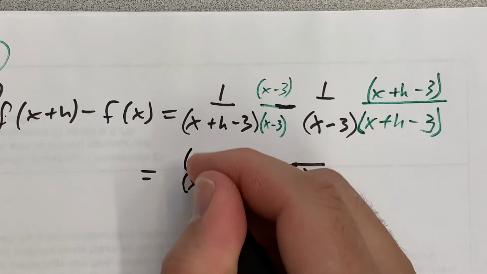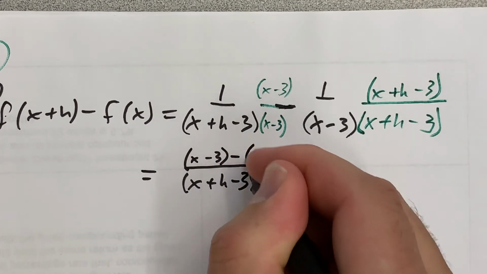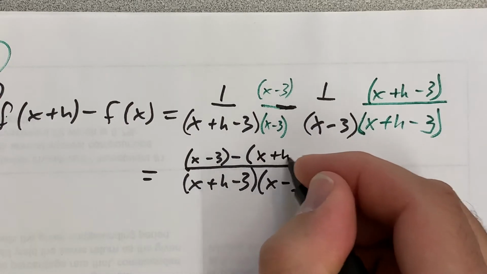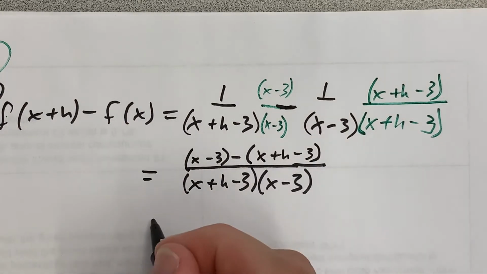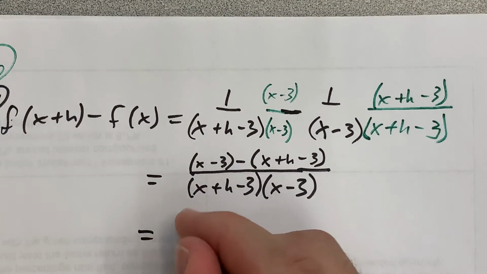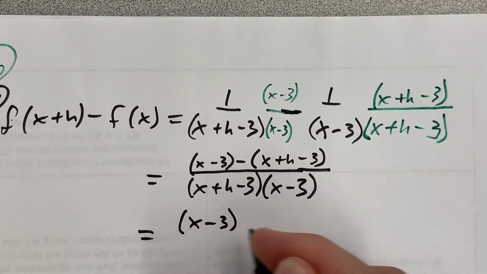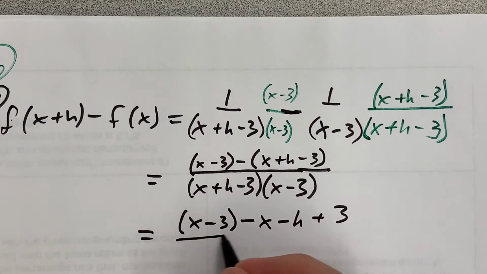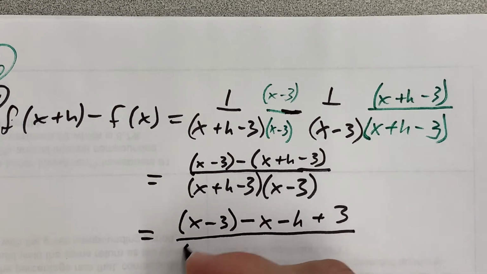So it'll look like this: x minus 3 minus, in parentheses, x plus h minus 3. Very easy to make a mistake with negative signs here, so you all make sure that I don't. x minus 3 minus x minus h plus 3. I didn't need to write those parentheses, I guess, in hindsight.